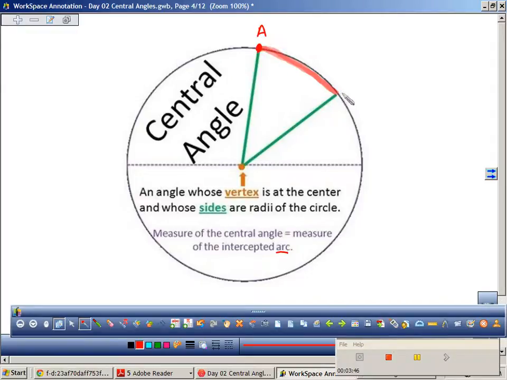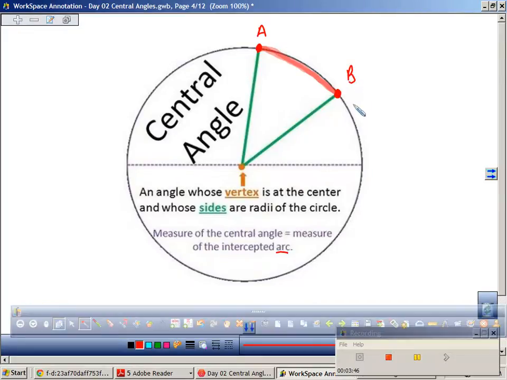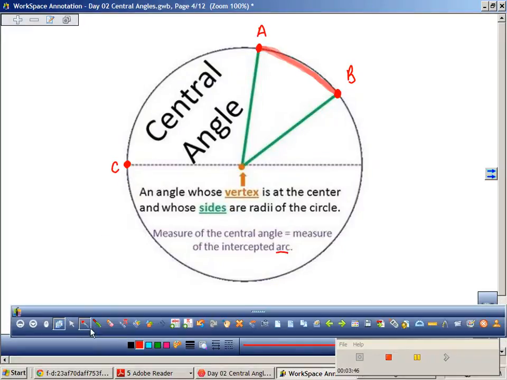We could call that point A. And right here, we could call that point B. And I'm just going to pick somewhere else on the other side of my circle. How about right here, right on the diameter? We'll call that one C. Actually, just to change things up here, I'm going to make 2 points, C and D.